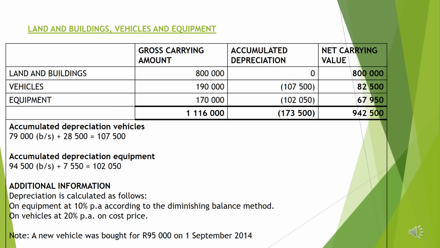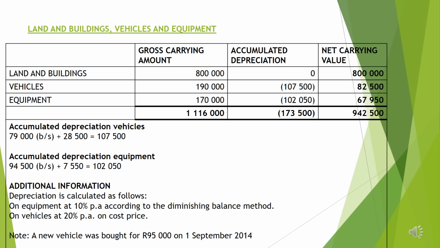Because the asset was bought on 1 September. So it will be September, October, November, December, January, February, which is 6 months. This asset was bought during the year, so that is why we are saying 6/12. Then we get 9,500 rand, the depreciation of the new asset.